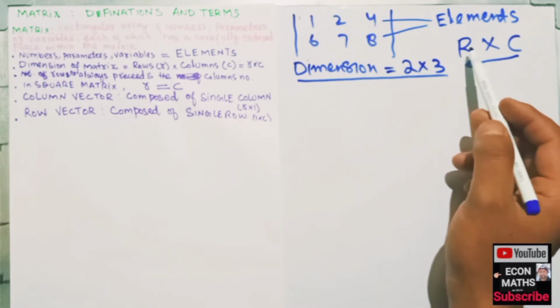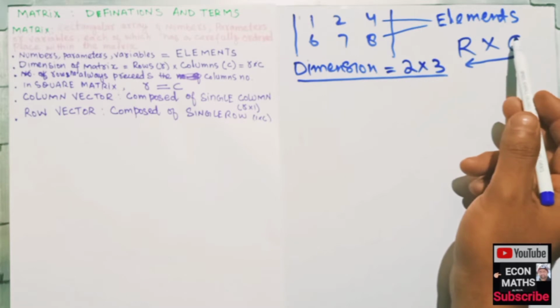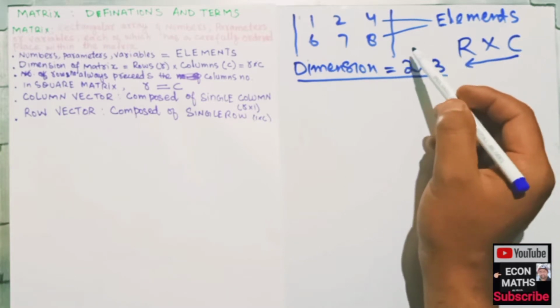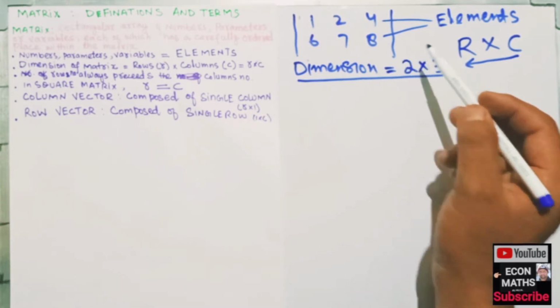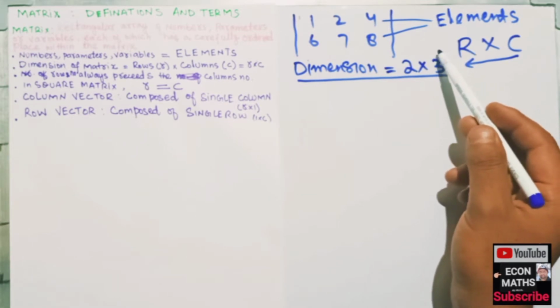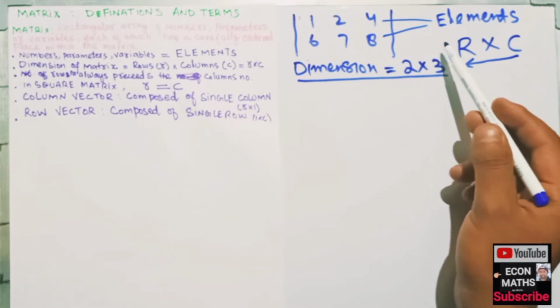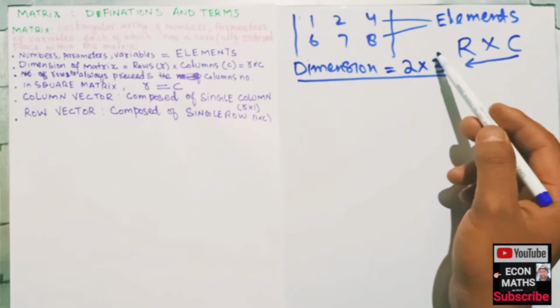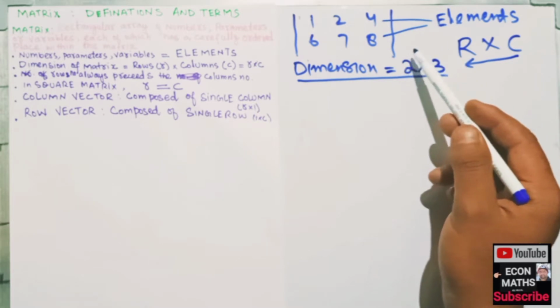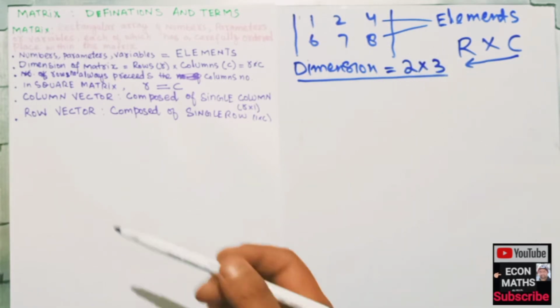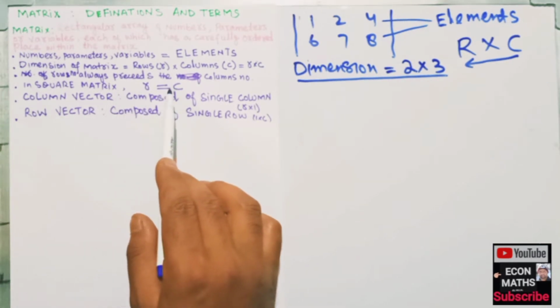So row always precedes the columns. Here it is 2 cross 3. This means the first 2 is the number of rows, and the second one, 3, depicts the number of columns. So row always precedes the columns.